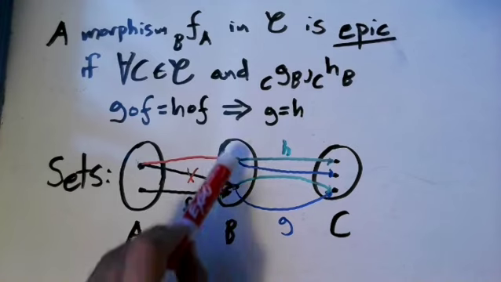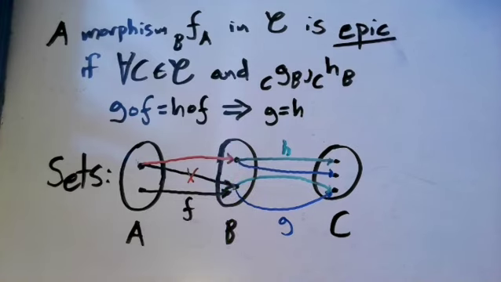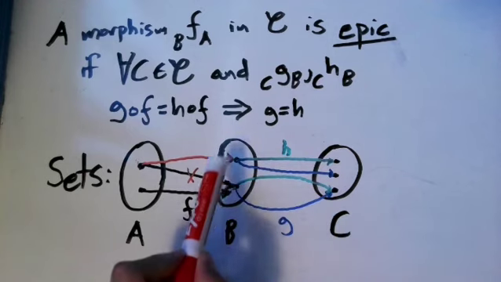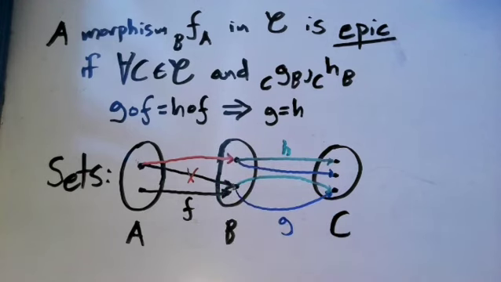That is, there is no element outside the range of F for us to assign something different from H than from G. This shows that non-surjective functions do not satisfy this property, while surjective functions do. That means that when the morphisms that we are concerned about are set functions, epic morphisms correspond exactly to surjective functions.